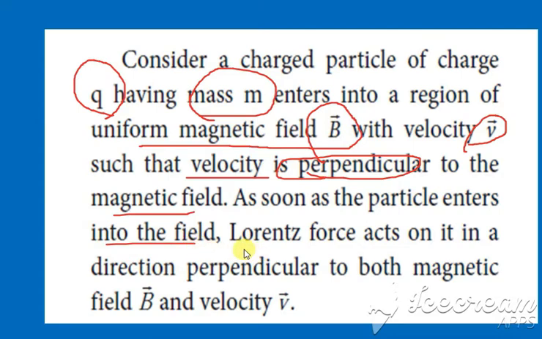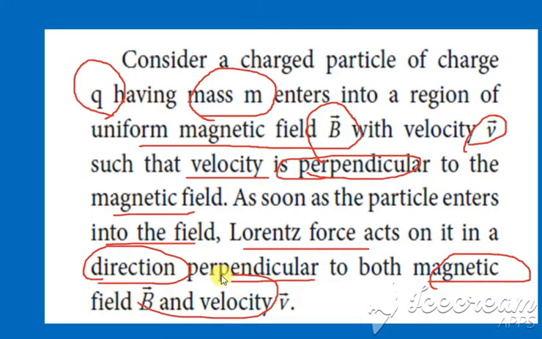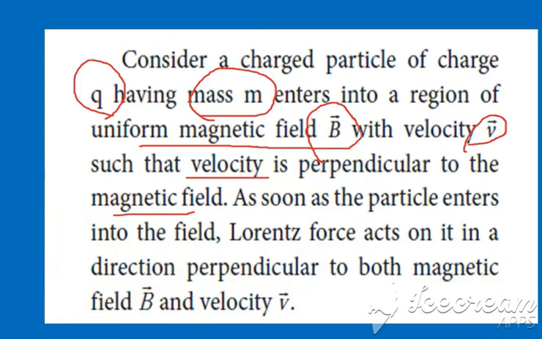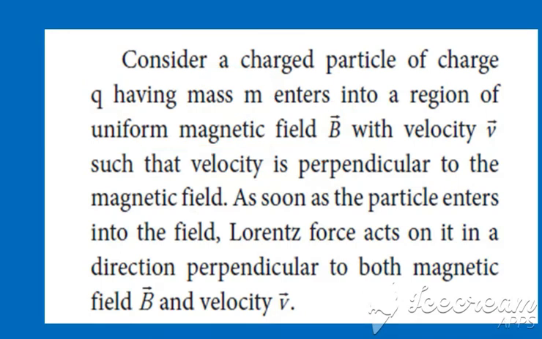The Lorentz force acts on it in a direction perpendicular to both the magnetic field and the velocity. So the force acts perpendicular to both the velocity and the magnetic field. What is that force? That force is the Lorentz force. Yes, so next we'll take the formula for this Lorentz force. As I've told you, F is equal to Q into V cross B.